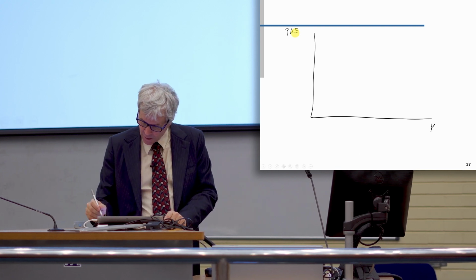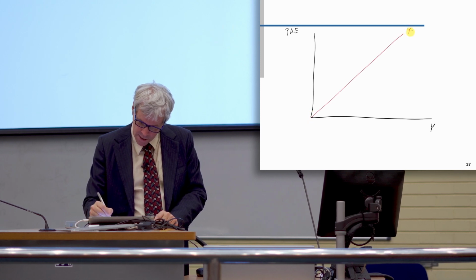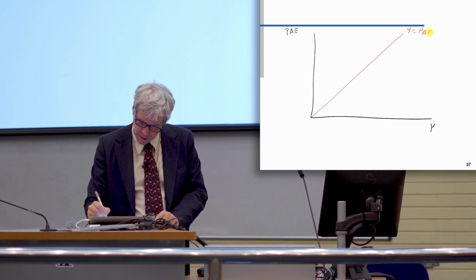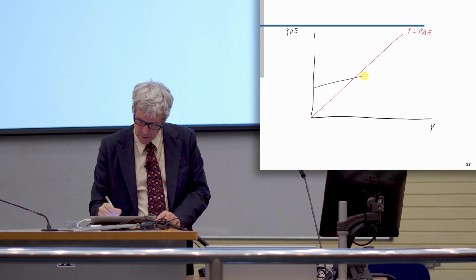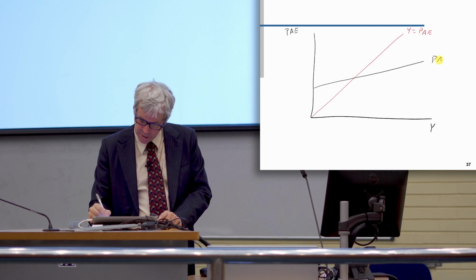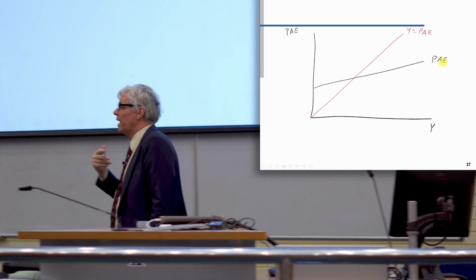I'll do it in the same colors just to be fun. Y equals planned aggregate expenditure. That's our 45-degree line. And we've got planned aggregate expenditure itself. That is our C plus I plus G plus net exports.